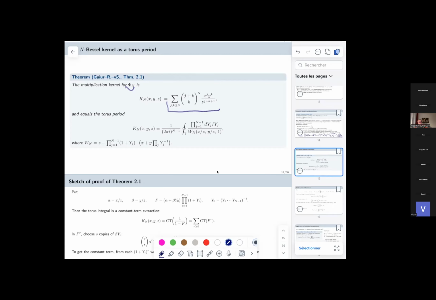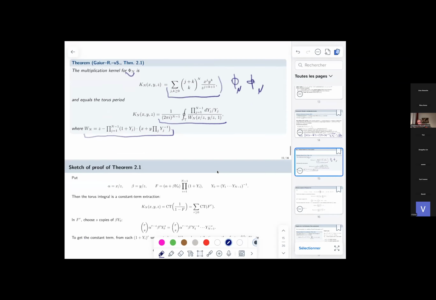And you can represent it in residual form with an integral over a torus, if you have this choice of Landau-Ginzburg polynomial in the denominator: z minus the product of 1 plus y_j times x plus y over the product of y. And then this is exactly the multiplication kernel for products of phi n, phi n.